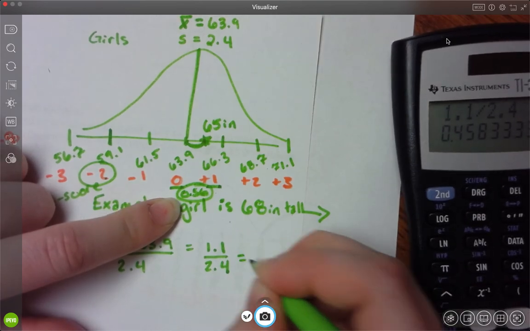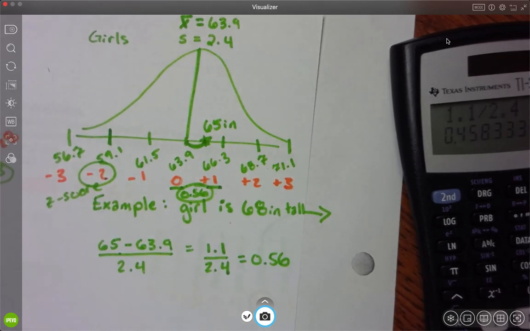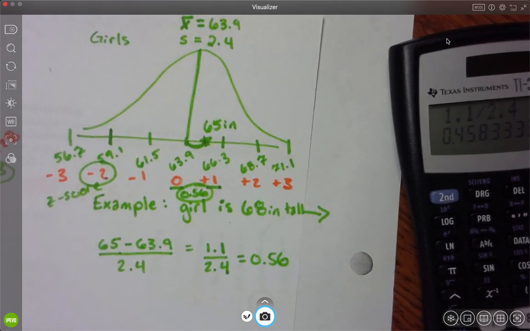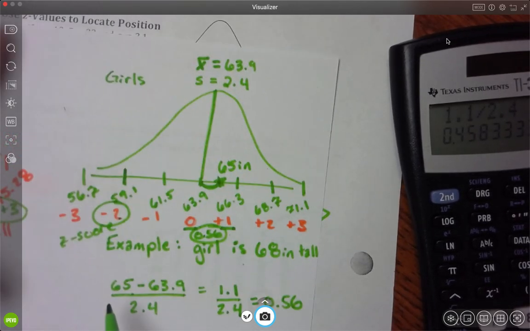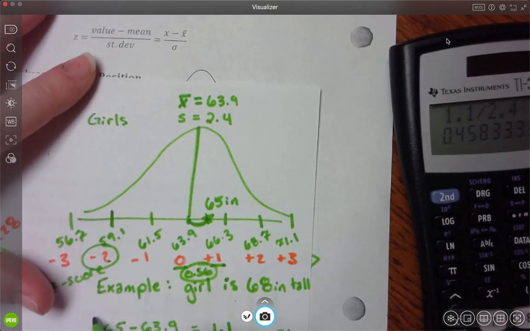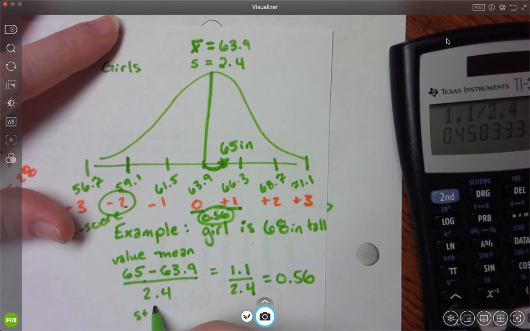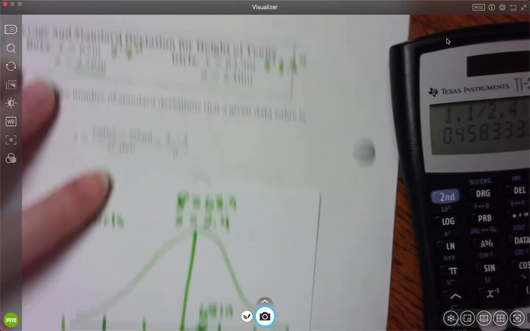That's what her z-score would be. So the formula for finding a z-score is the value that we have, minus the mean, divided by the standard deviation. That's what this formula says right here.